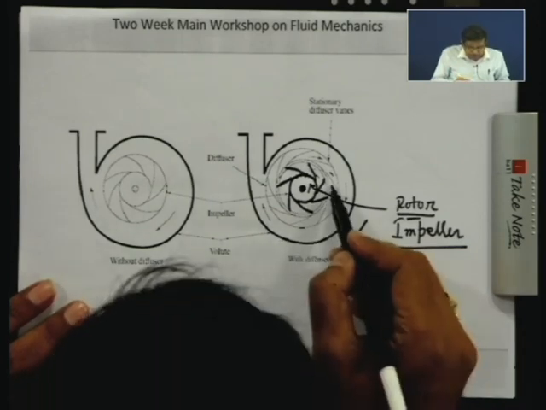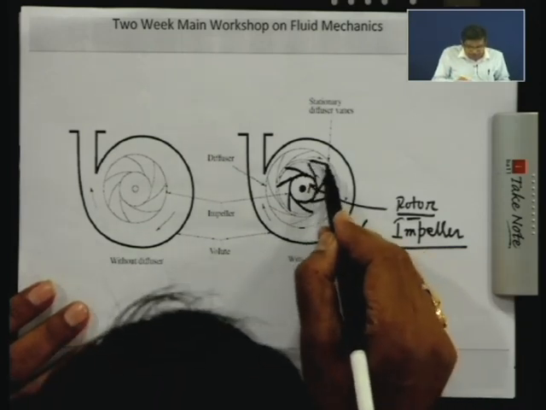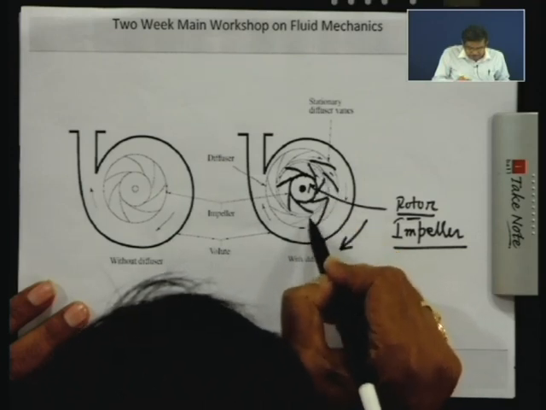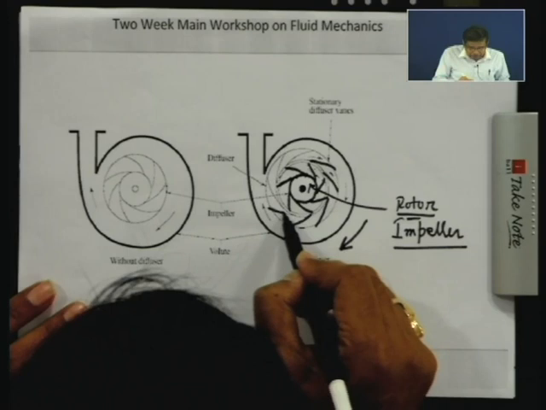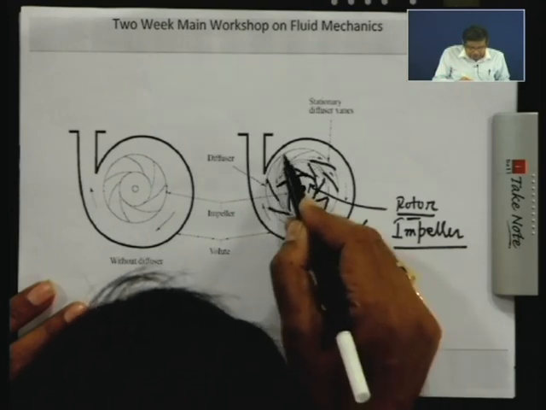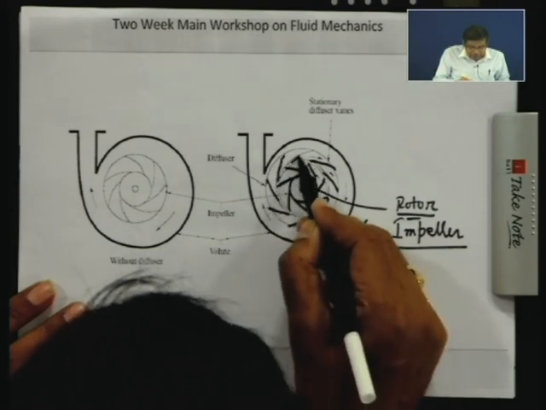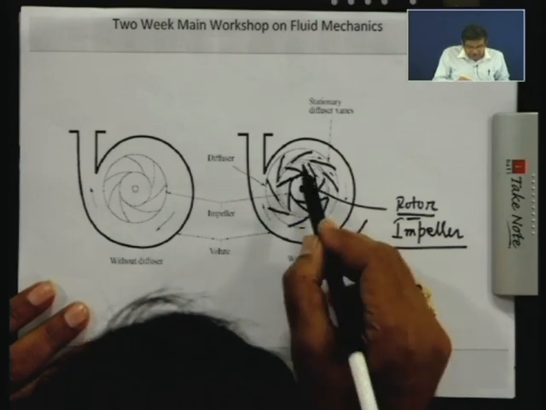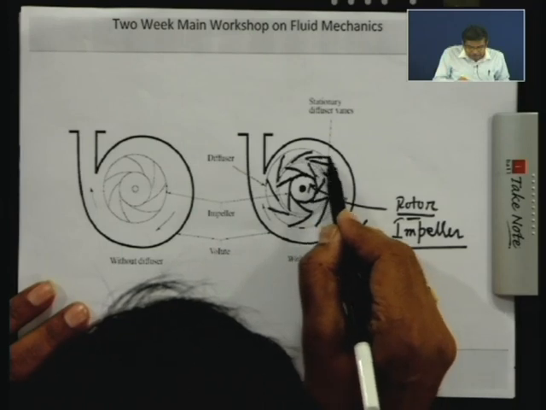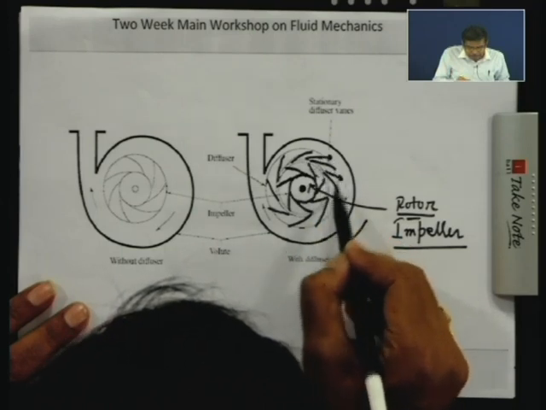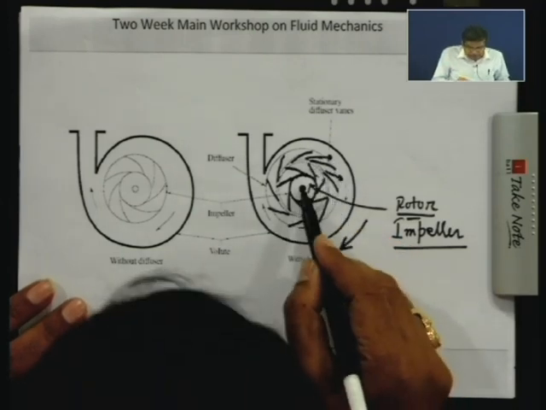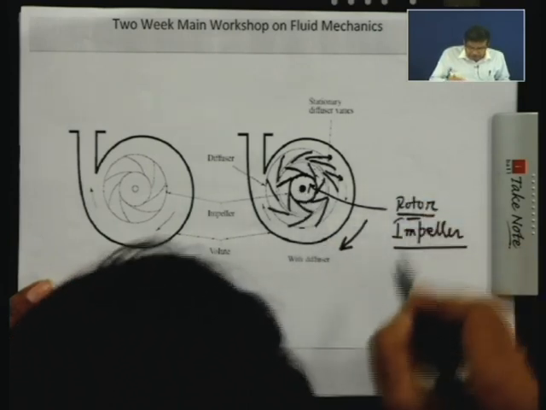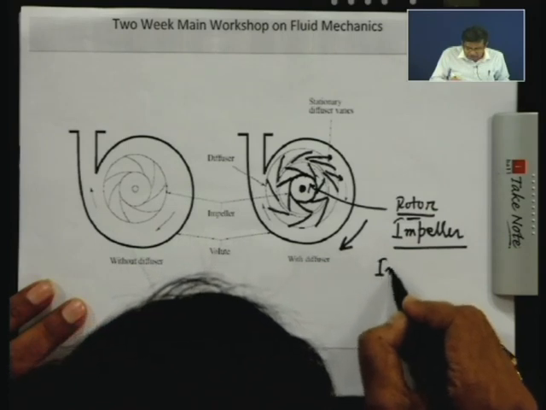Then surrounding the impeller there are some static vanes, like the guide vanes and wicket gates of a turbine. These are static vanes mounted on a ring after the impeller blades, and they create a diverging passage in the direction of the flow. This inlet part is known as the impeller eye.